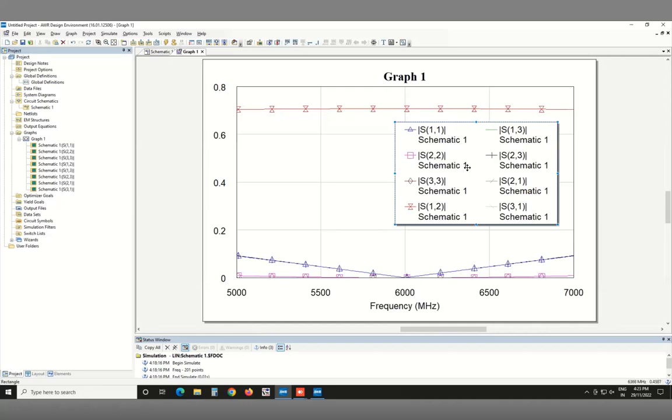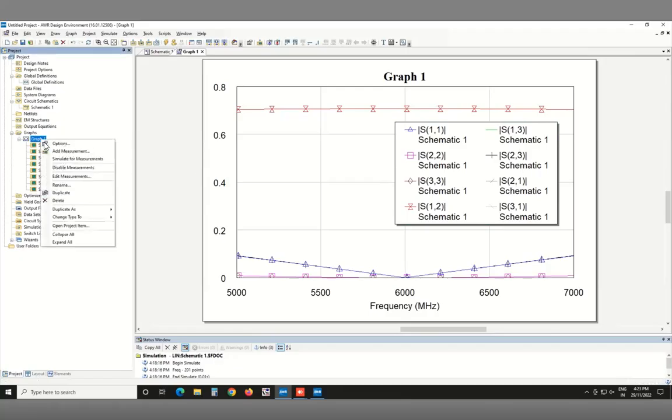Then you have S21 and S12, which is the same here, and the same as S31 and S13. They're all lying on top of each other out here, and its value is 0.7, which is basically 1 over root 2, right? What we had seen before. And there is S23, which I can't seem to find.